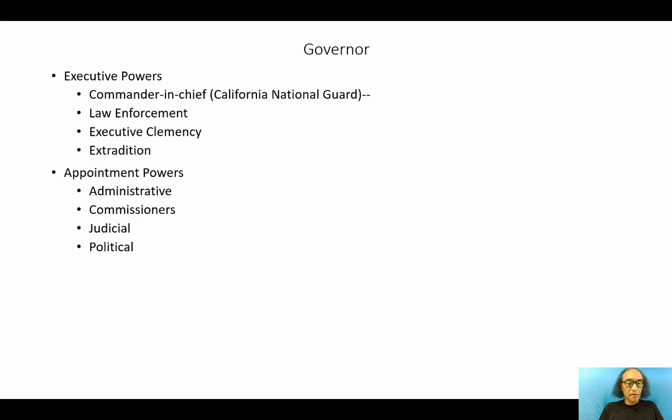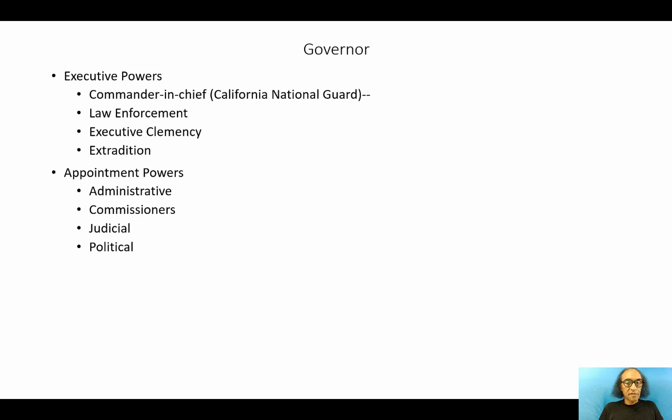And he has the power of extradition, which we discussed previously. That is the requirement that a person who is a fugitive from justice must be returned to the state where the alleged crime has occurred. You recall that is provided for in Article 4 of the U.S. Constitution.